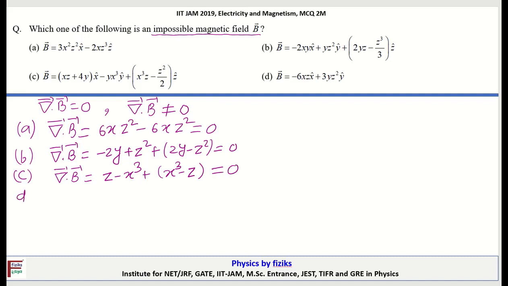Now let's check option D. For option D, divergence of B is given by minus 6z plus 3z square. So that is non-zero. So the impossible magnetic field is option D.